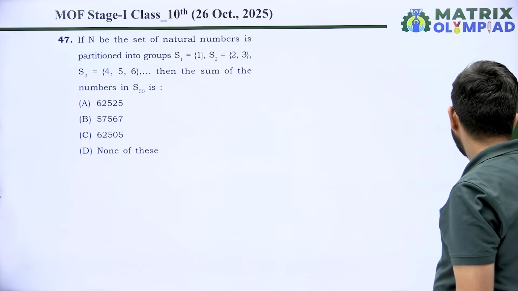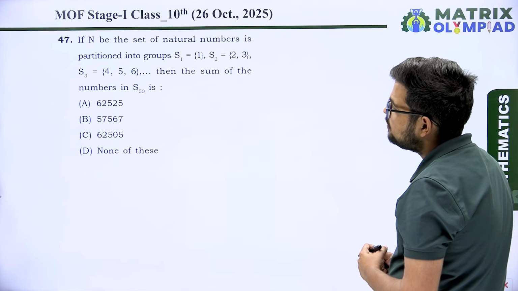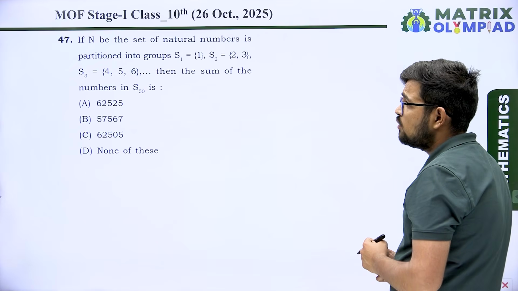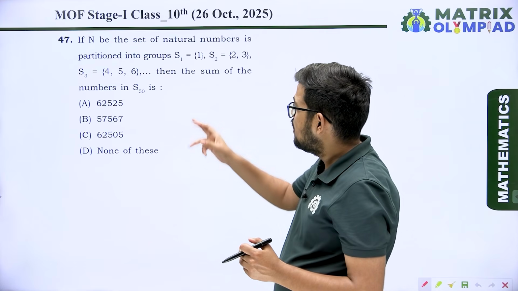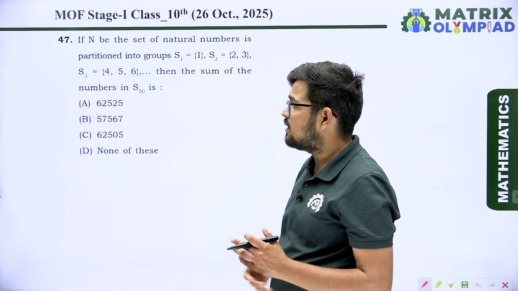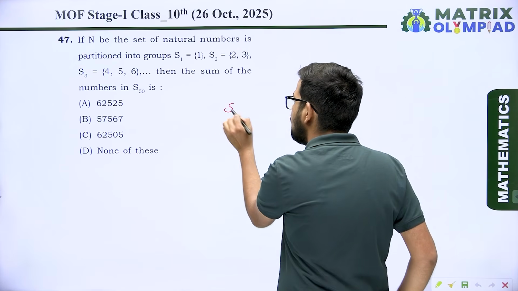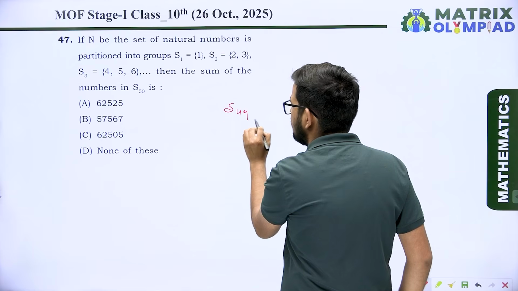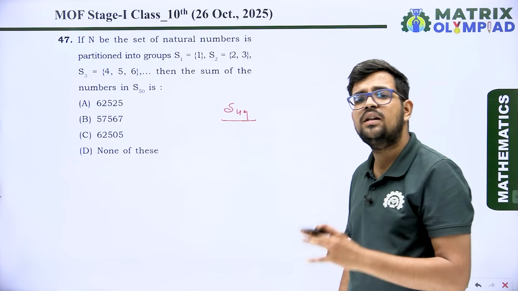Question number 47. If N is the set of natural numbers partitioned in groups S1 equals {1}, S2 equals {2, 3}, S3 equals {4, 5, 6}, the sum of the numbers in S50 is? First of all, we have to check how many numbers there are up to S49.